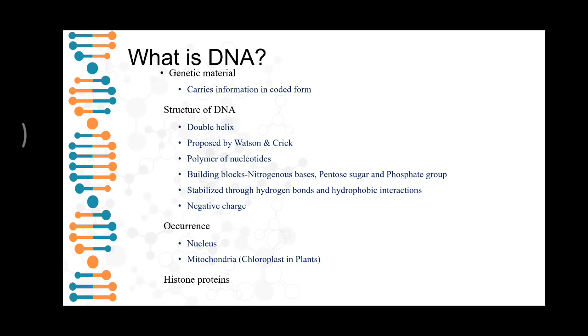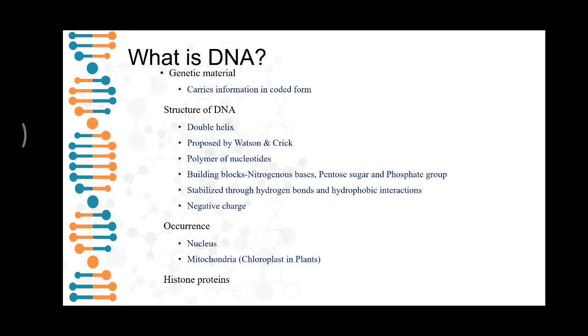The pentose sugar is in the form of deoxyribose in DNA and ribose sugar in RNA. And it consists of a phosphate group.